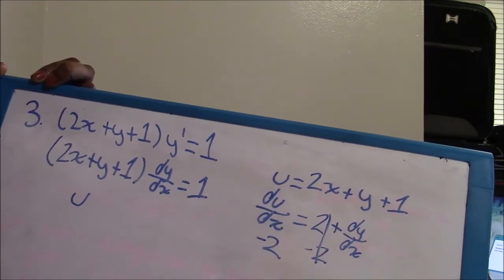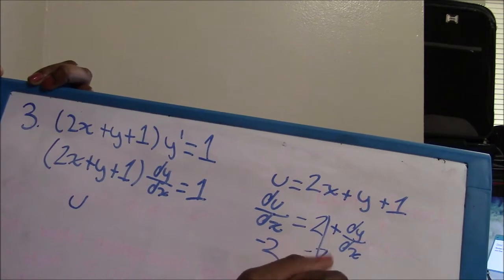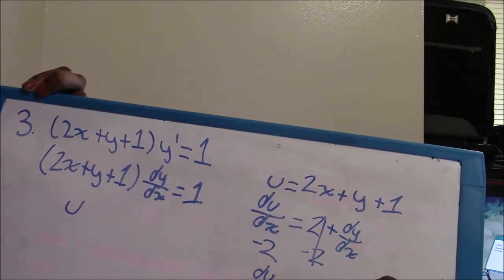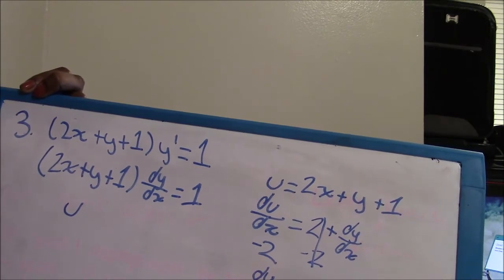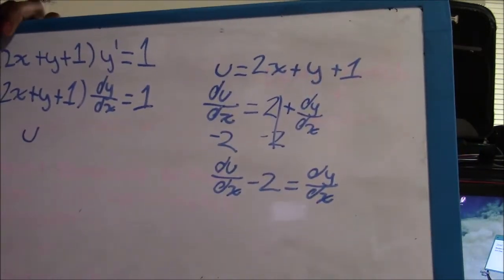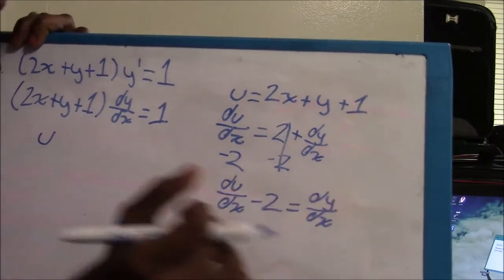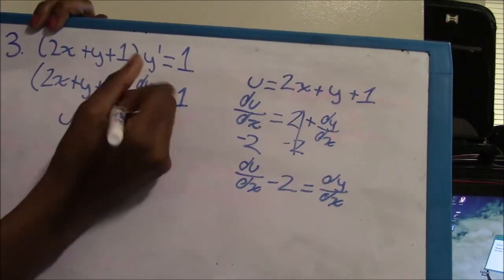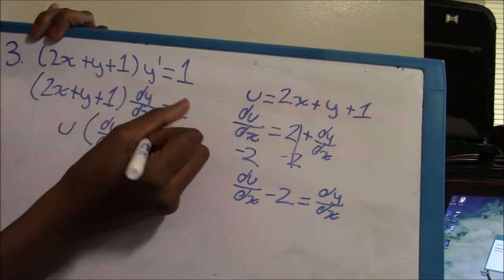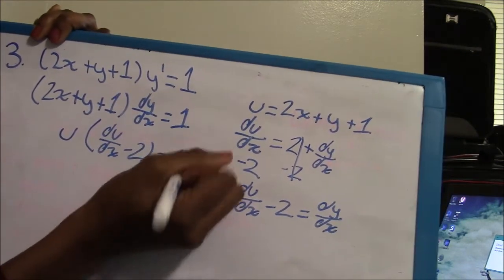And so we end up with du dx minus 2 equals dy dx. So we can replace that right here. We say du dx minus 2 equals 1.